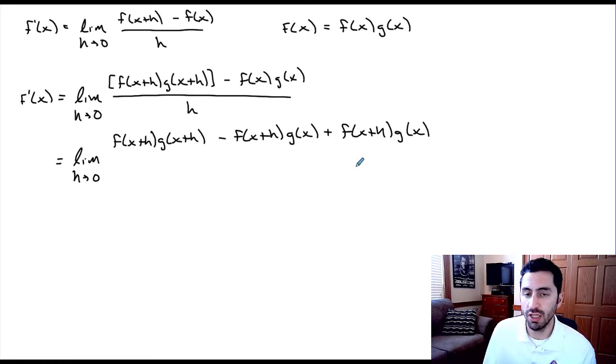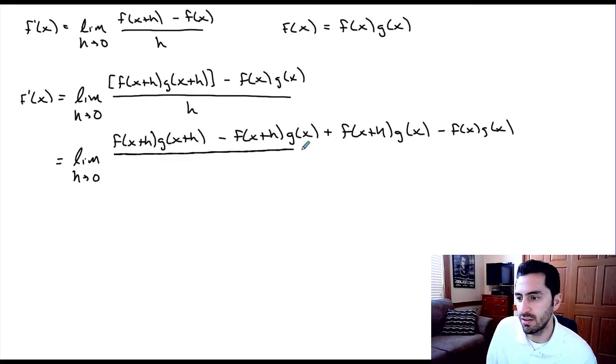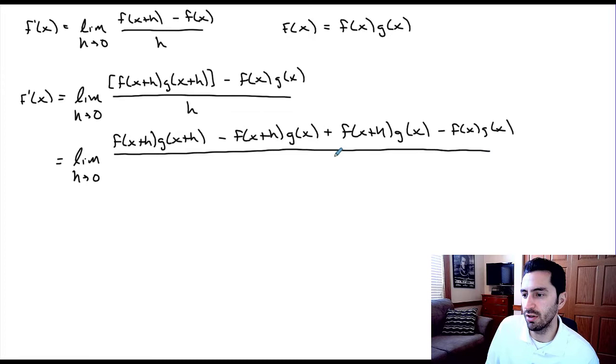I'm not changing the value of my fraction at all. It's like I'm adding 0, but I'm putting more terms for us to work with. And then we still have our minus f of x and g of x. So that's a big long expression, and it's still all over h.